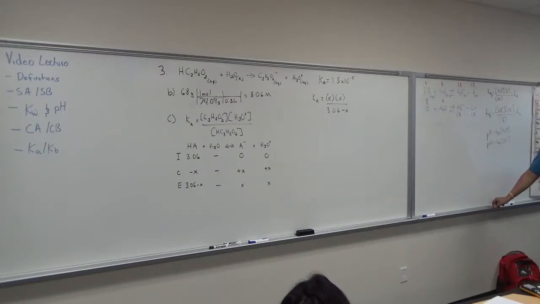We know that equilibrium lies to the left. We know that we should still have more reactants than products.